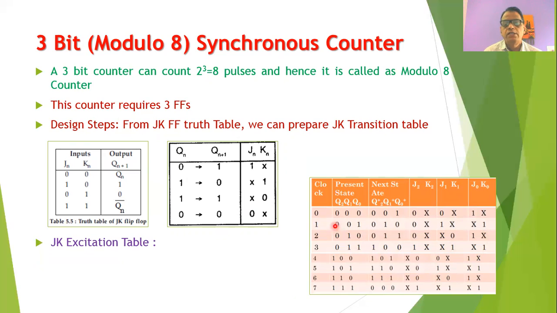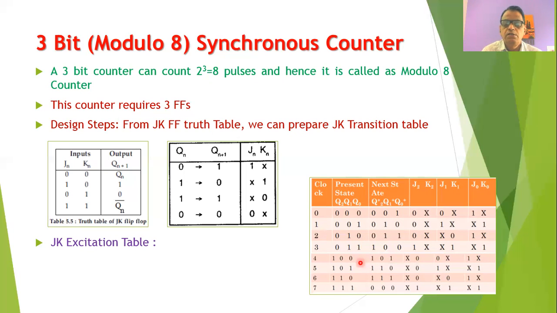So whenever the clock is 0, the present state will be 000, the next state will be 001. After the application of the first clock pulse, the present state will be 001, next state will be 010. Then after the second clock pulse, the present state will be 010, the next state will be 011. Then after the third clock pulse, the present state will be 011, the next state will be 100.